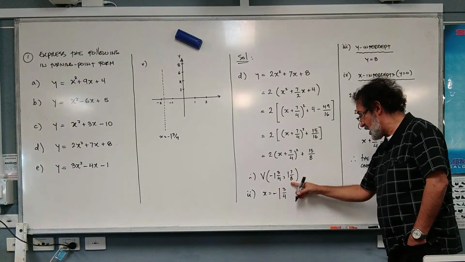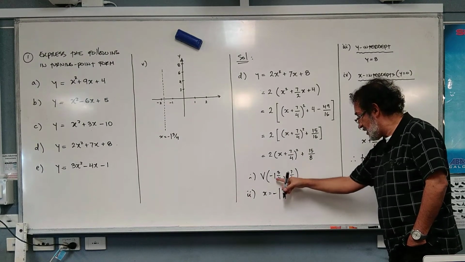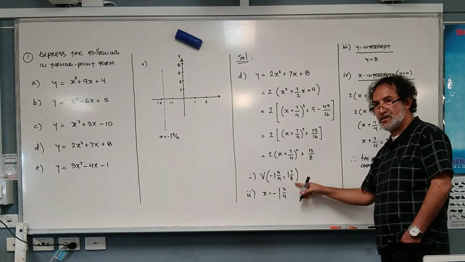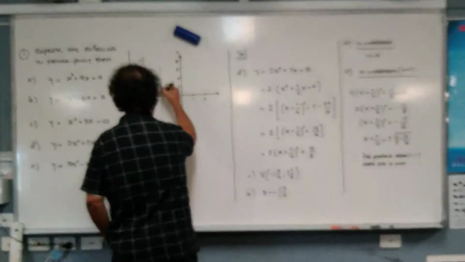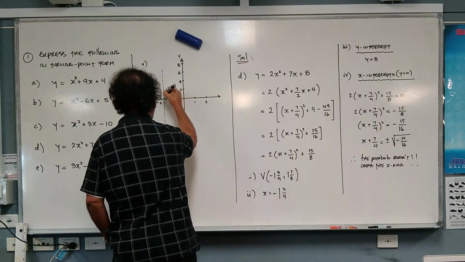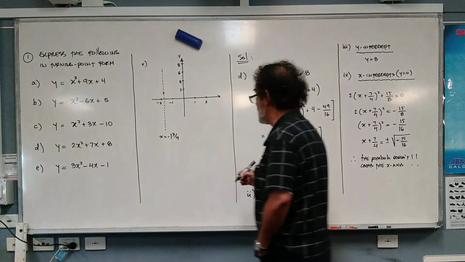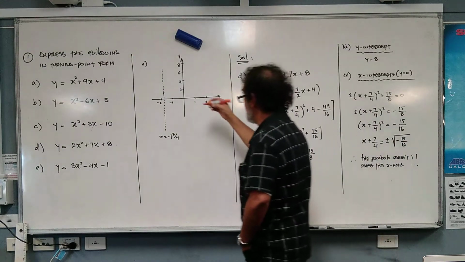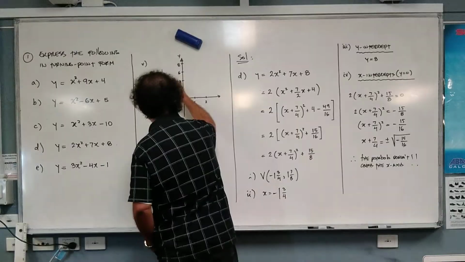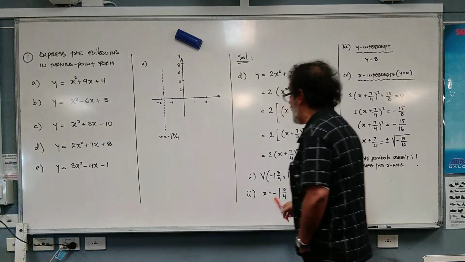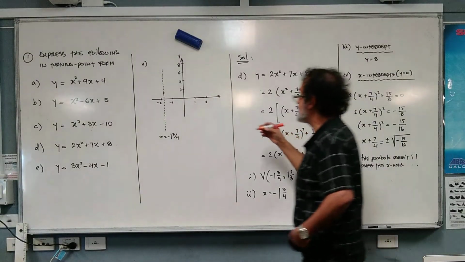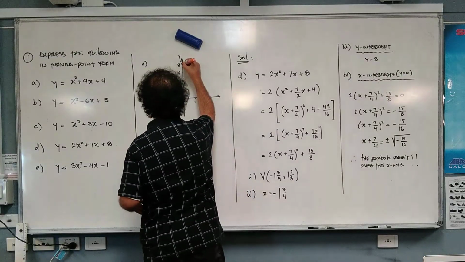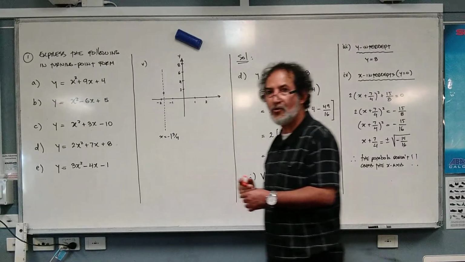And the vertex is at -1 3/4 and 1 7/8. So it's going to be probably somewhere here. So we need to just approximate. And the y-intercept is 8. So we will never have a problem when dealing with a parabola and the y-axis.